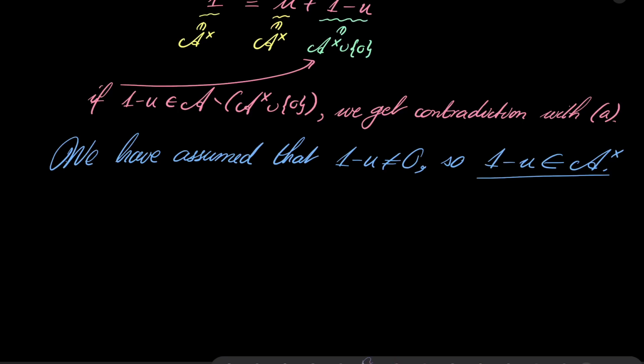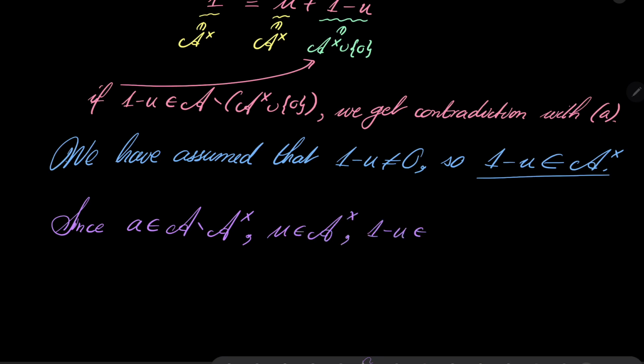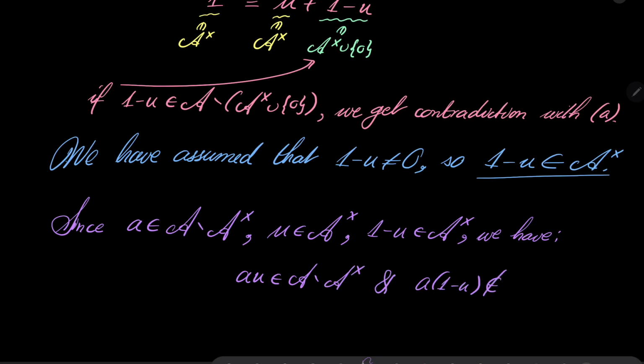And now, since A is not invertible, since U is invertible, and since 1 minus U is also invertible, we have the following. AU is not invertible. And likewise, A(1 minus U) is also not invertible.